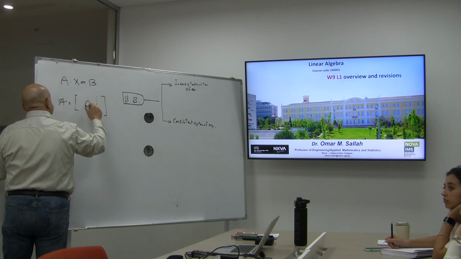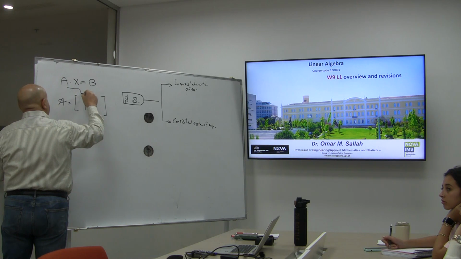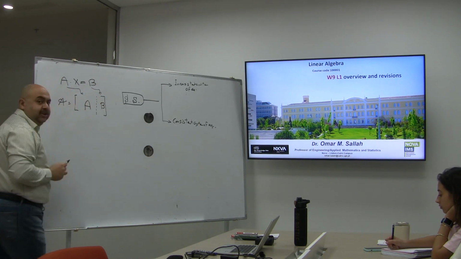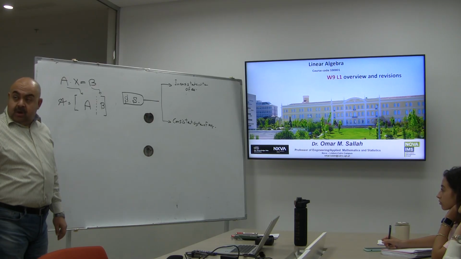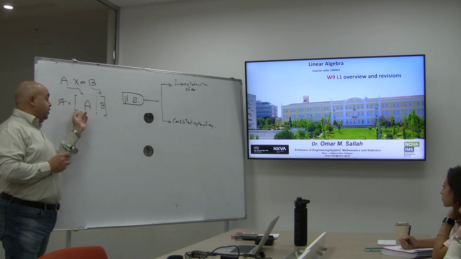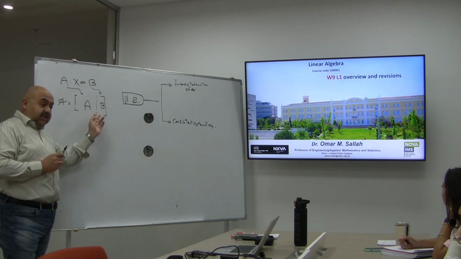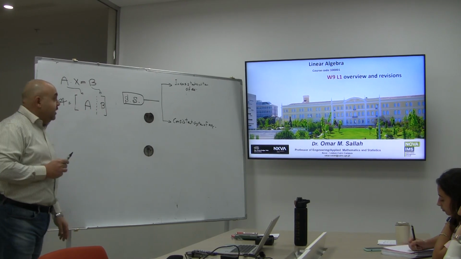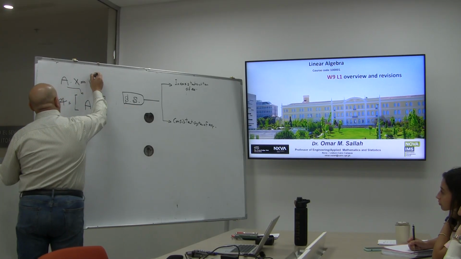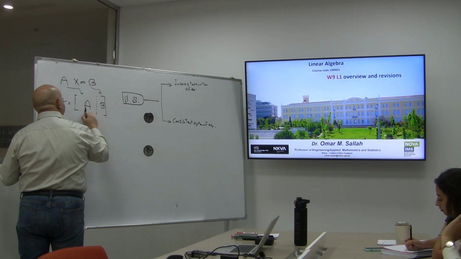It's the coefficient matrix, this guy, with the B matrix, the result matrix. So I would have the augmented matrix equal to the coefficient matrix plus the B matrix, as you can see. Okay? So mainly, that's the solution set of a system of equations. I have two matrices, A and B.